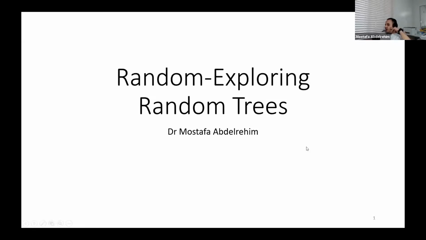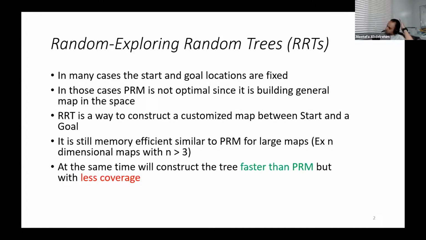So as I said, in many cases, the start and the goal locations are fixed. So PRM will not be optimal for such a situation, because in PRM we need higher coverage all the time, because the map that we build using PRM will be used again and again with different goal and start locations.